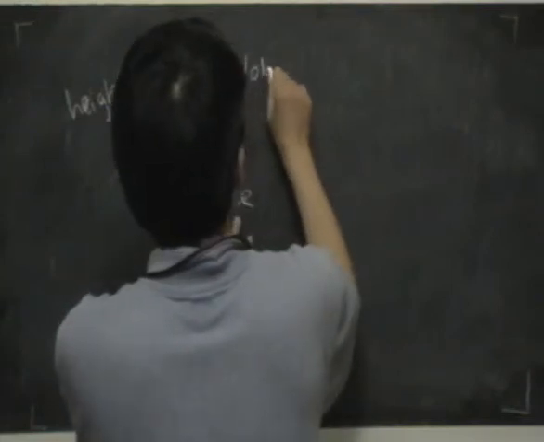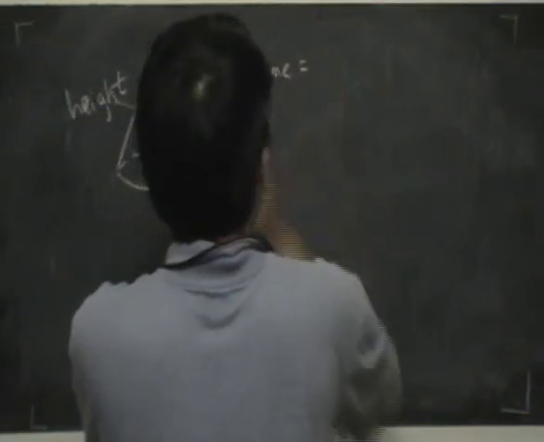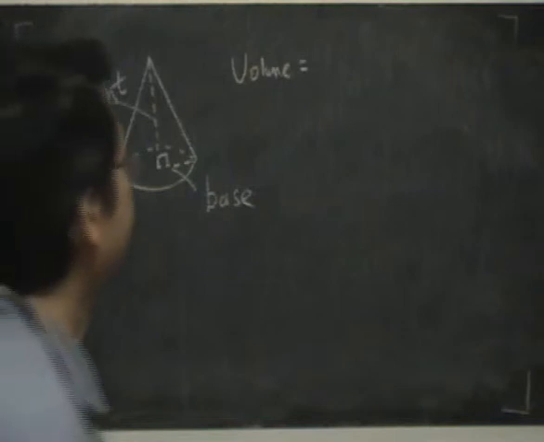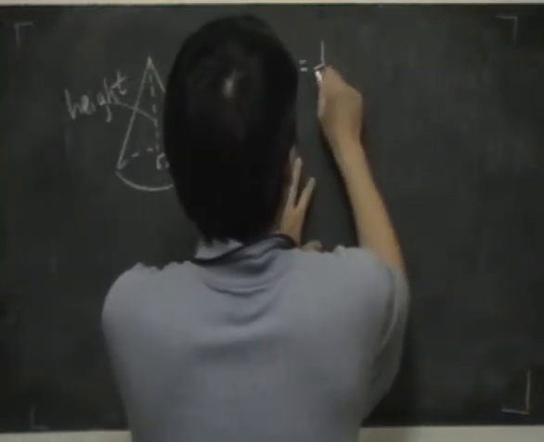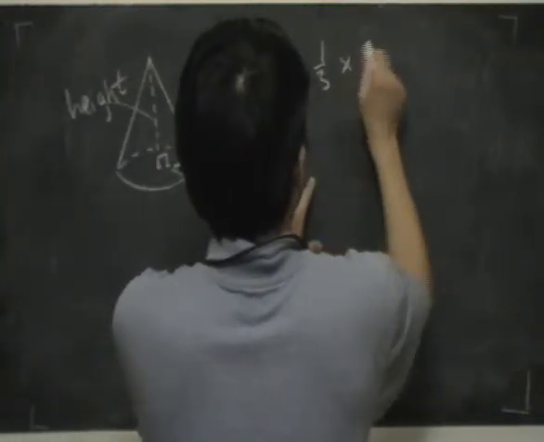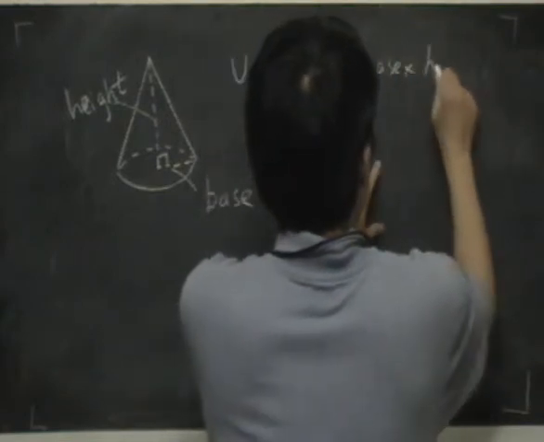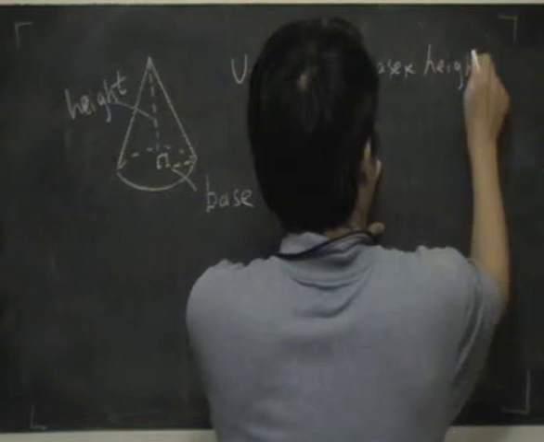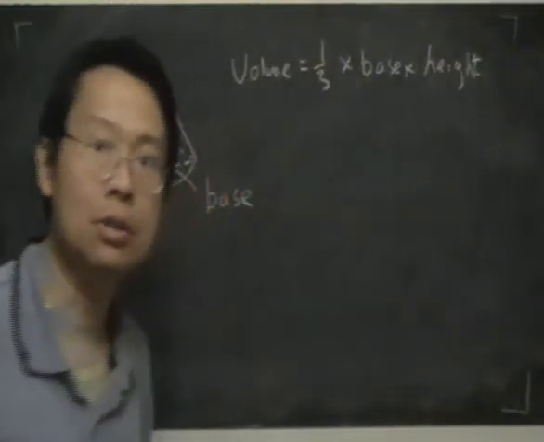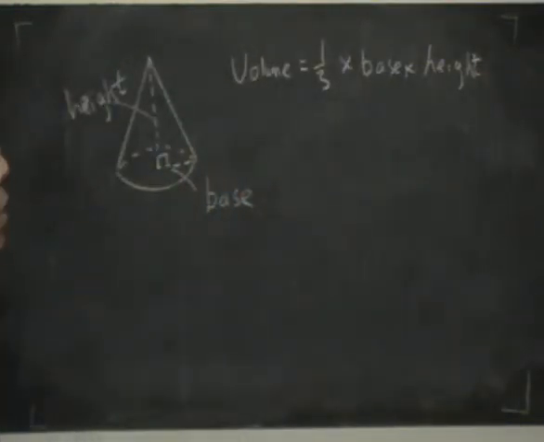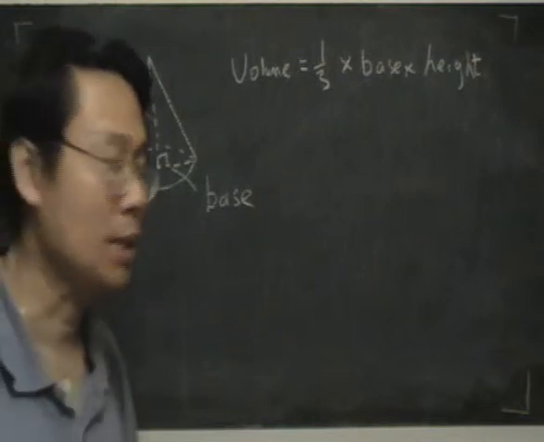Now the volume is equal to 1/3 times base times height. That is the formula. 1/3 base times height.